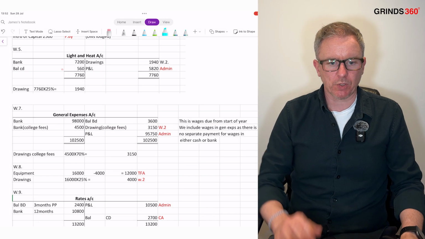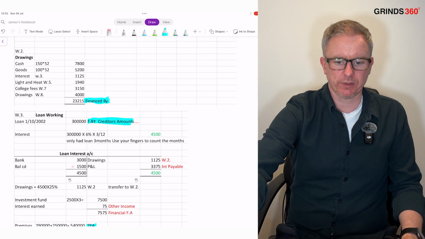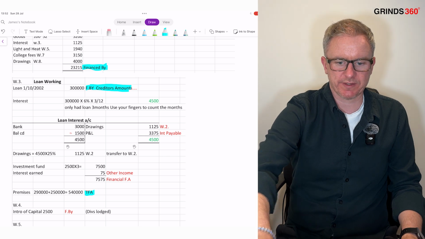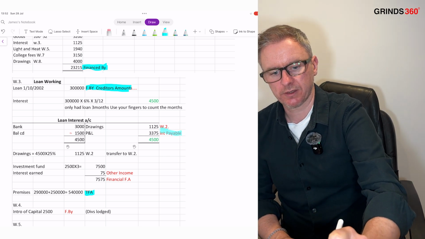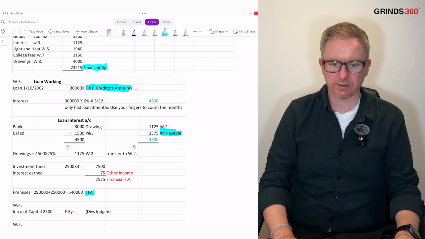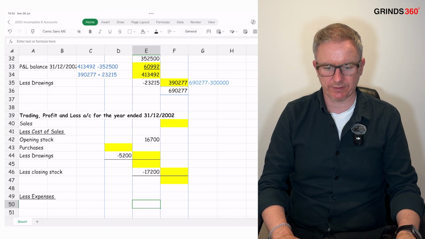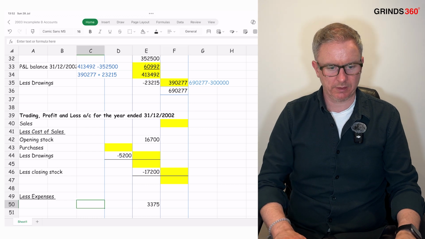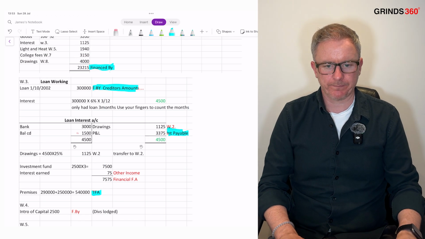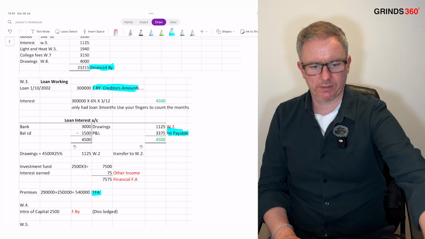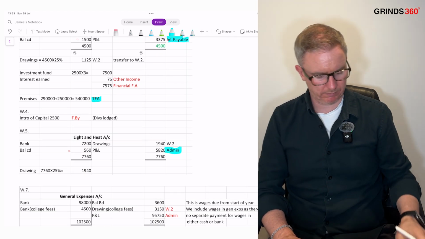So go back to your adjustments and you go down through it step by step. So our interest is the first one, 3375. Again, when you use it, just put a highlight on it or a line through it, whatever system you have. So 3375, and we call it interest. Then we have light and heat, 5820.